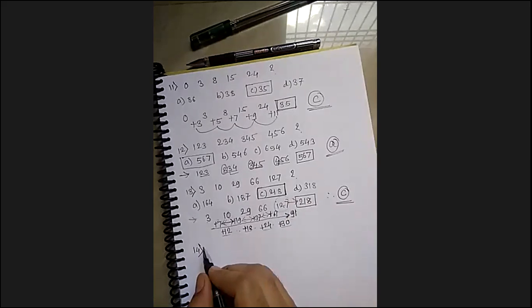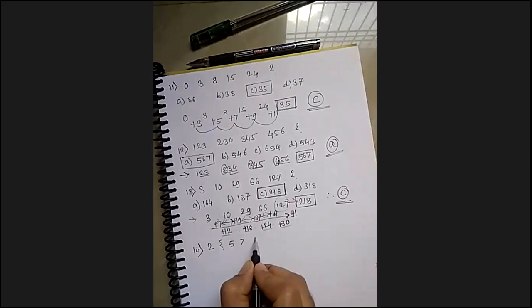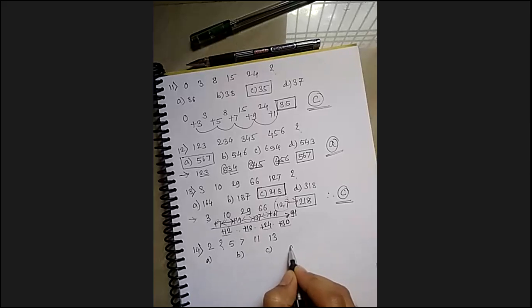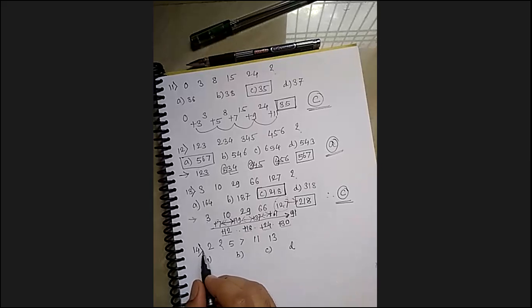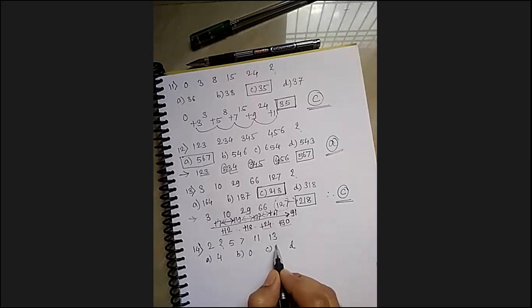Okay, next one is a very simple one. 2, question mark, 5, 7, 11, 13. I think there is no need to write the options for this. The options are A, B, C, D: 4, 0, 3, 6.